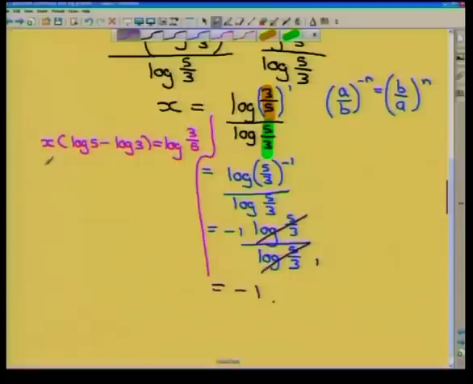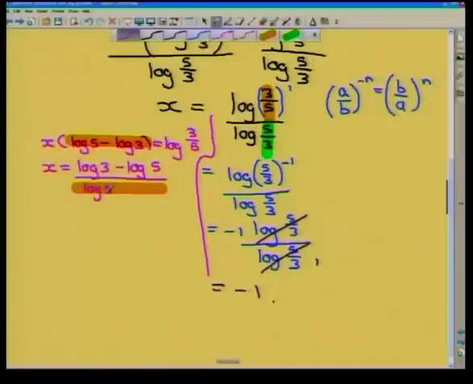Right, so if I look at it, I could say, okay, well, that means that x is equal to, and I know that log 3 over 5 is the same as saying log 3 minus log 5, divided by this thing which was over there at the bottom again. So it's going to be log 5 minus log 3. Now you can see that that's okay, but the signs are wrong. So we know that if we take out a negative, we can make the log 5 positive and the log 3 negative.